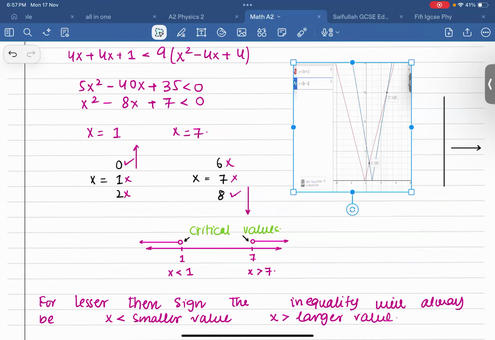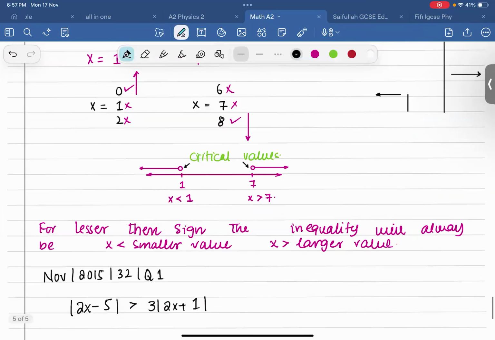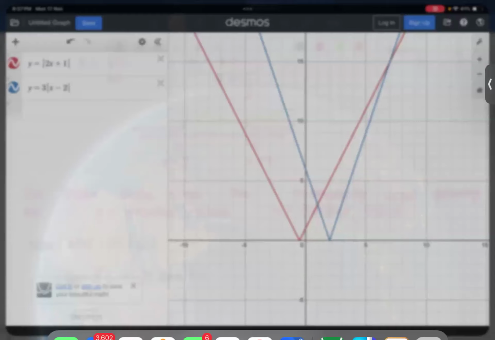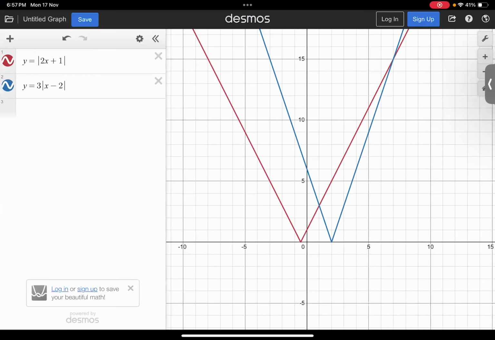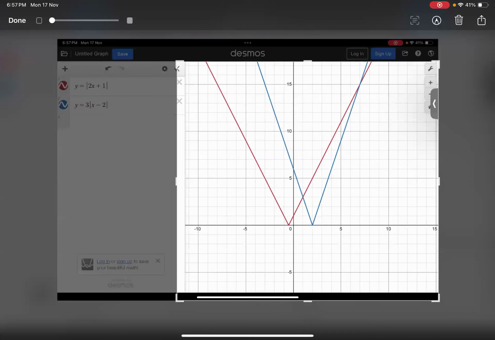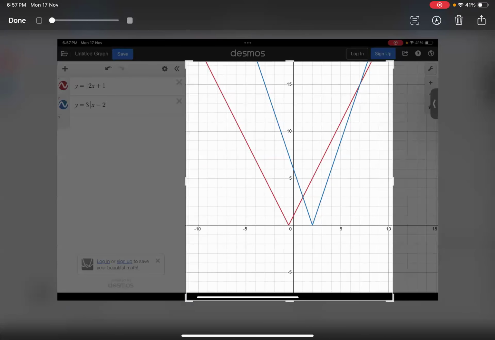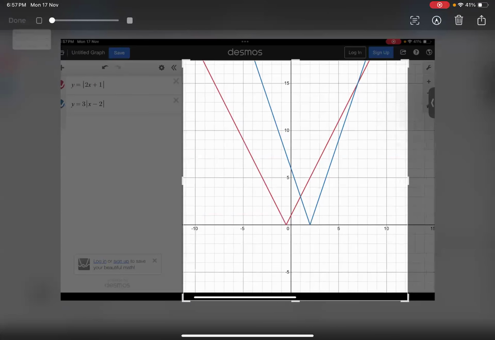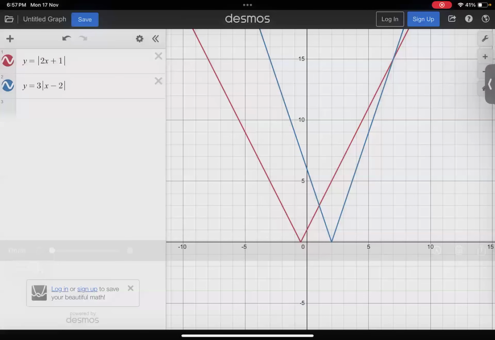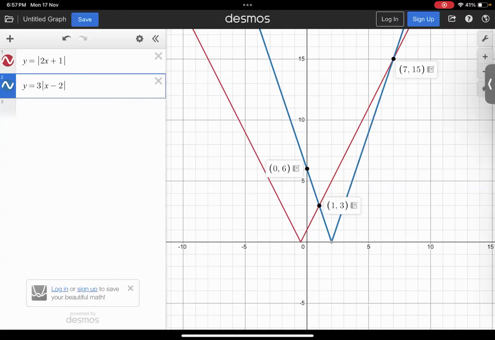Come on, it's not looking good. Do you guys want the equation? Or if you guys note it down, then fine. If you don't, then let me know. Come on. Now.